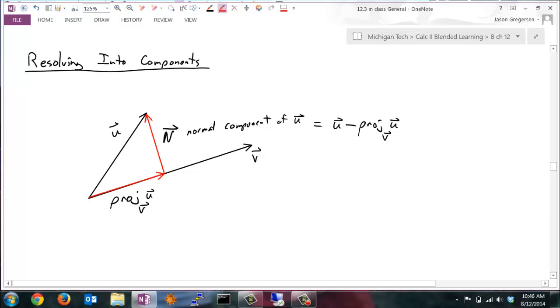So we went through that last example. This is kind of the generalization of this. If I have u, I can find the projection of u onto v to find this vector. And your book is going to call this n for normal. It's the normal component. Normal is perpendicular here. So the normal component of u is the piece of u that's perpendicular to v.